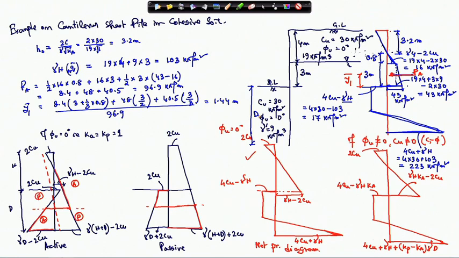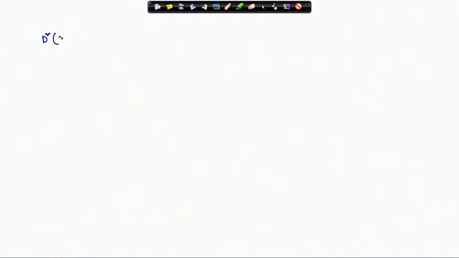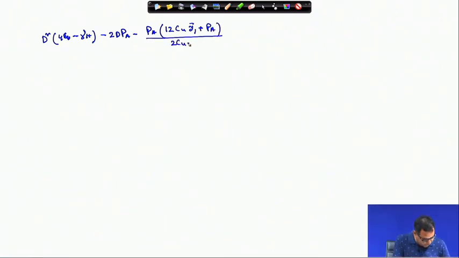So, the final expression we have: d square into 4 Cu minus gamma h, minus 2d PA, minus PA into 12 Cu y1 bar plus PA divided by 2 Cu plus gamma h, or gamma dash h, that is equal to 0.